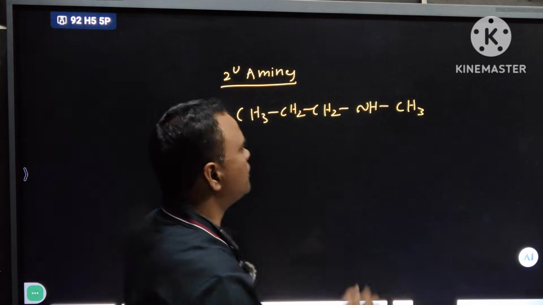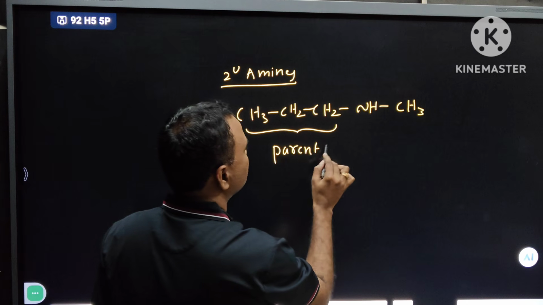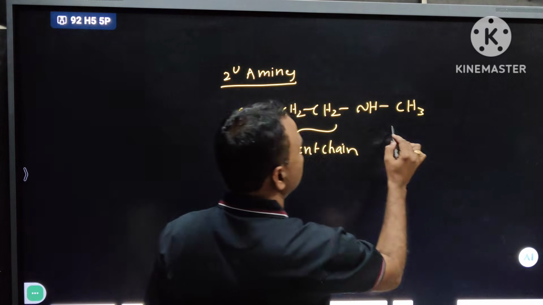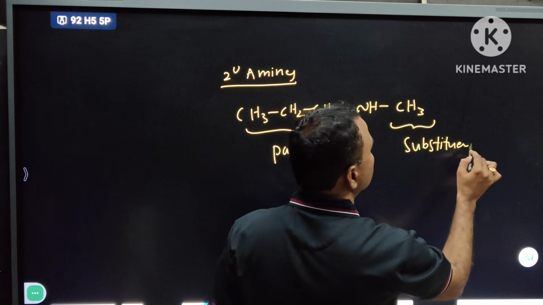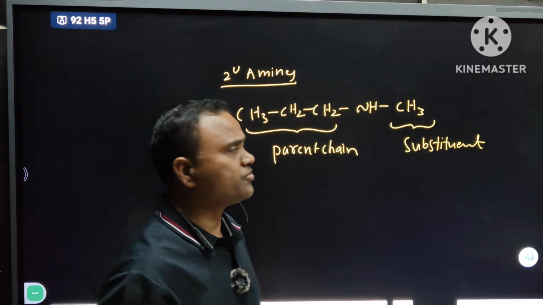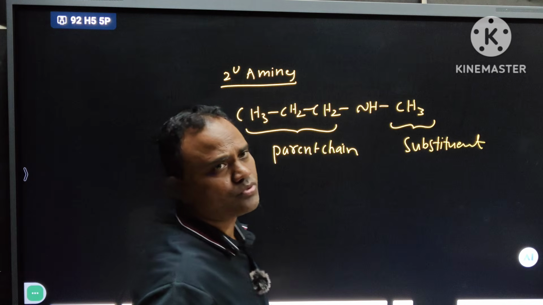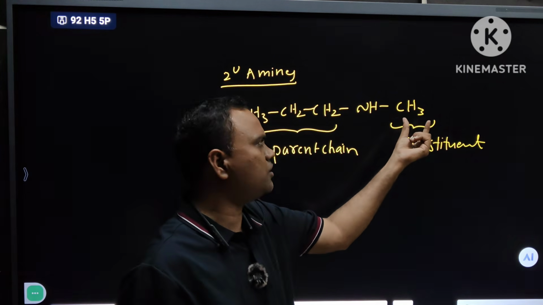The left side, so this is considered the parent chain, and the other will be considered a substituent. You should mention the name of the substituent first. Now tell me, is the substituent attached to nitrogen or not?